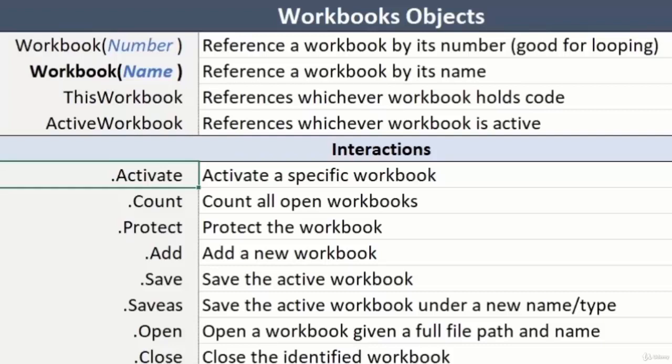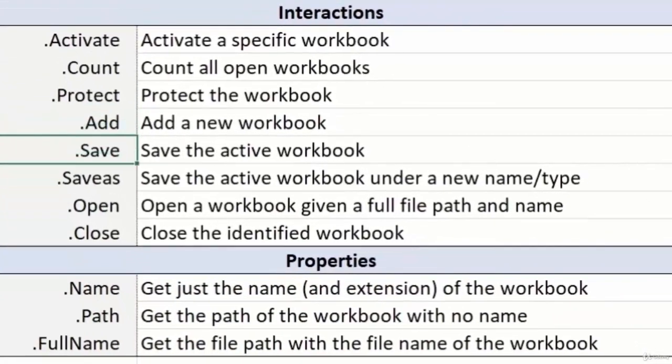If you have a lot of workbooks open, you can use Count to find out exactly how many workbook objects VBA can identify. You can also protect or unprotect your workbooks directly from VBA, including applying a password to them, which can be very helpful. We can also do general actions like adding a new workbook, saving it, opening it, closing it. So there's lots of different things that we can do with workbooks from Visual Basic.